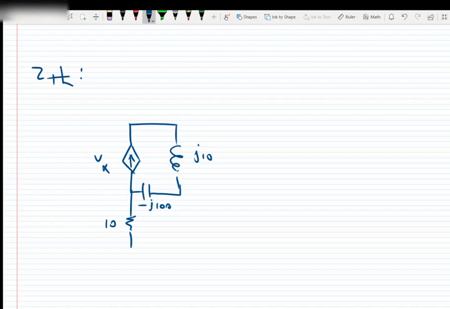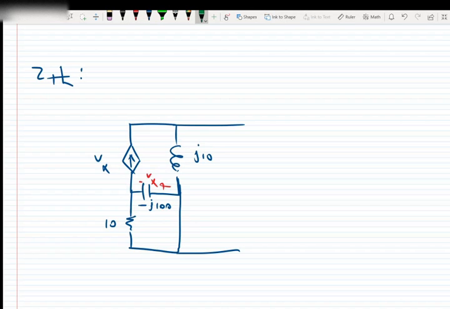And by the way, we should know that we need to turn off all independent sources. So we turn off the current source. It's here. And Vx is the voltage across the capacitor.